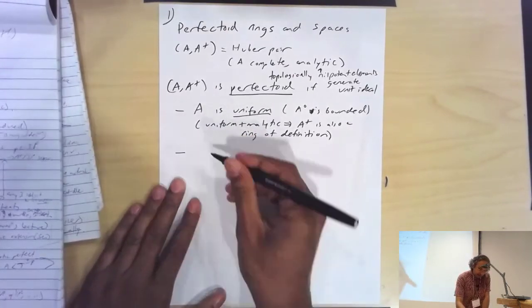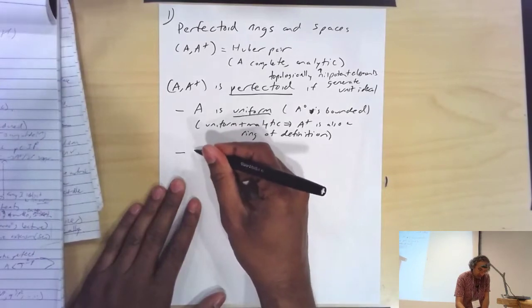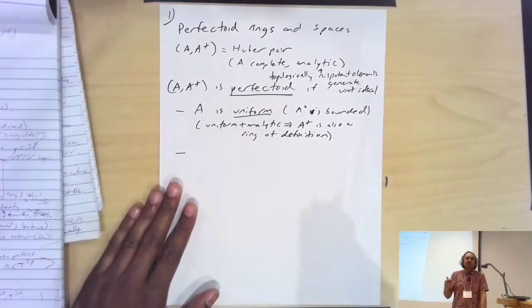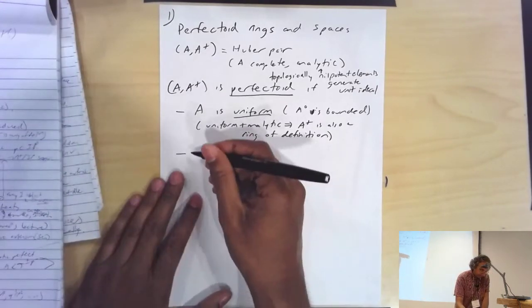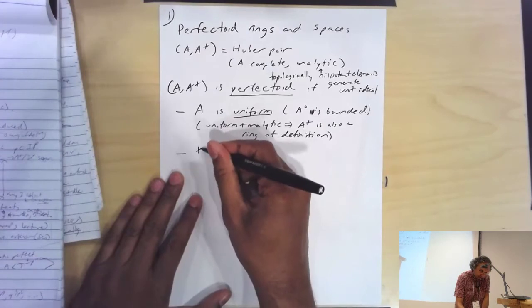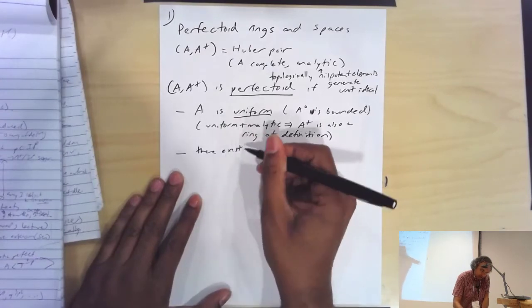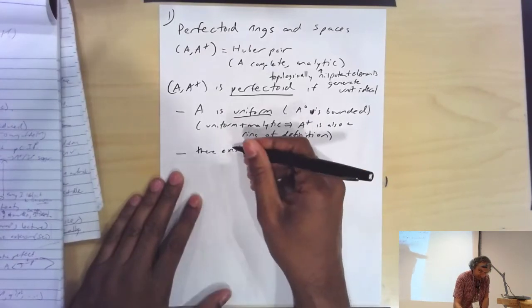So I need an analog of the condition that Jared insisted on, that the evaluation not be discrete. Here I can say it this way. There exists, well, the combination of these two conditions will impose that.